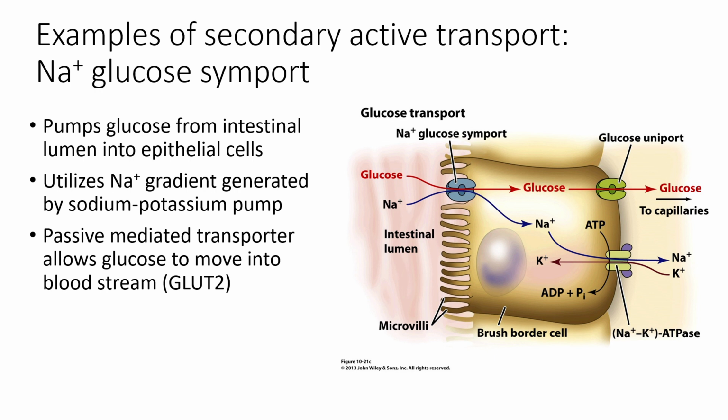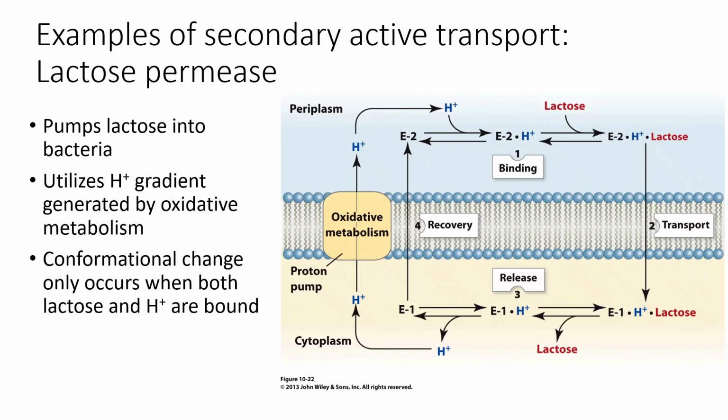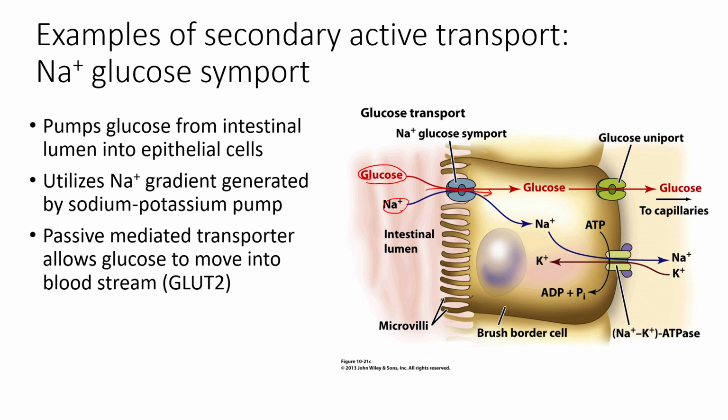So in this case, we're looking at our sodium and glucose symport. So we're looking at the movement of two types of molecules, glucose and sodium. They are both going to enter through this symporter into an epithelial cell that's lining your intestines. So you can imagine this is important.